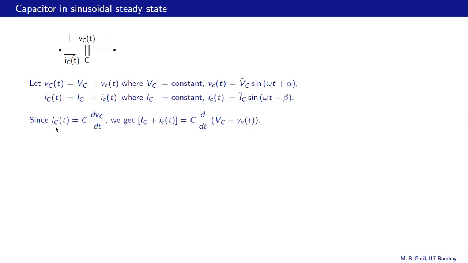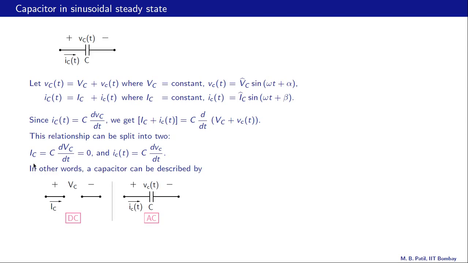Now, since the total instantaneous current is C d dt of the total instantaneous voltage, we substitute for iC like that and for vC like that, and now we can once again split this equation into two. The first one relating the DC quantities, IC is equal to C d dt VC, and that is 0 because VC is a constant. The second equation, this small i, small c, is C d dt of small v, small c.